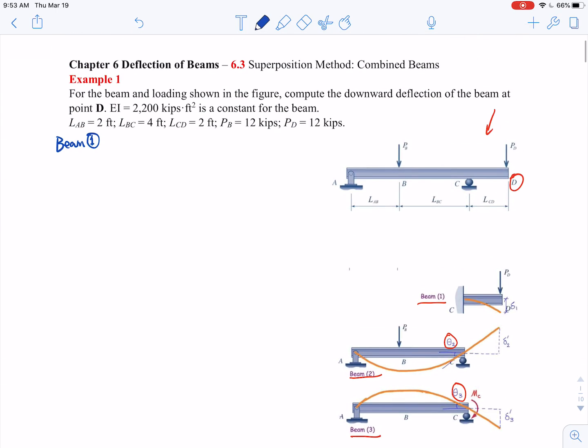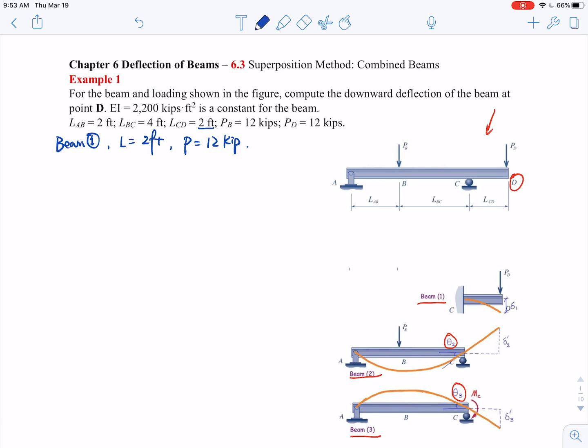Here we need to find L and P. L in this case equals 2 feet, that is the CD, and P equals 12 kips.